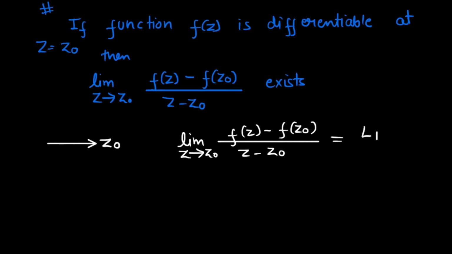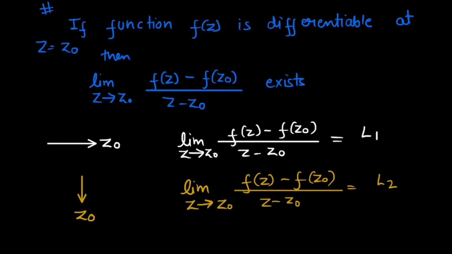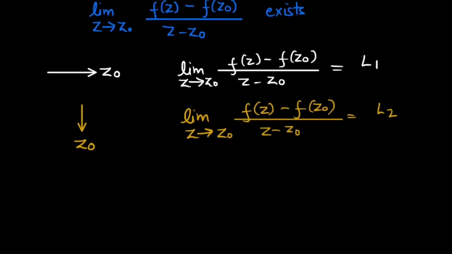Okay. And second, we will approach z naught vertically. Okay. So in that case, suppose the limit will be L2. Since function f of z is differentiable at z naught, limit L1 and L2 will exist and they will be equal. Okay. Now let's find limit L1 and L2.